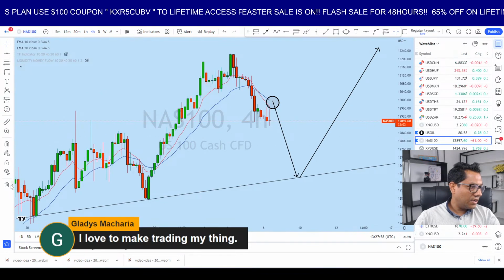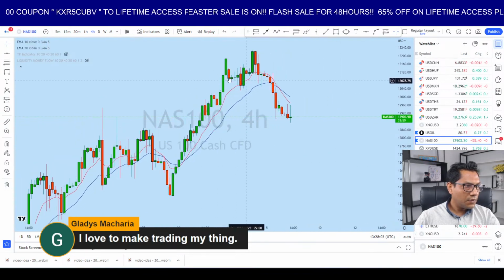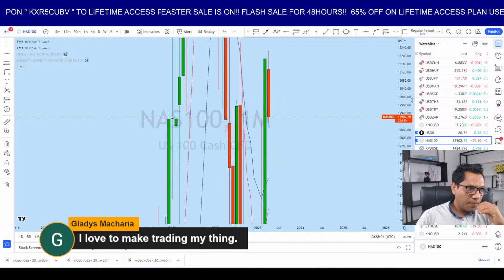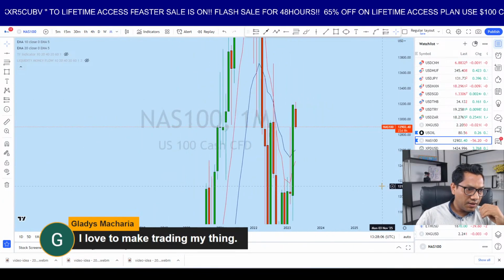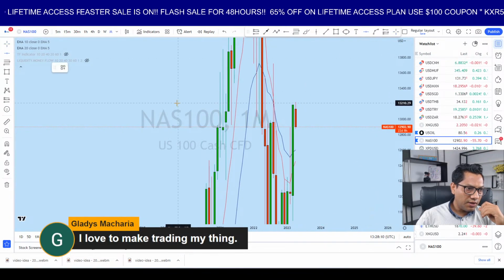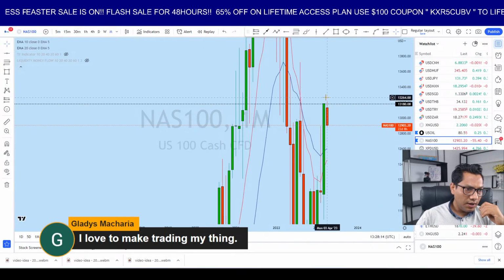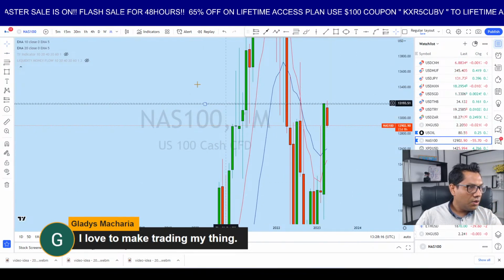Anyone trading NASDAQ? Let me look at it. Okay, NASDAQ. From the monthly, the price has crossed this monthly resistance, grabbed liquidity, and is now coming down.